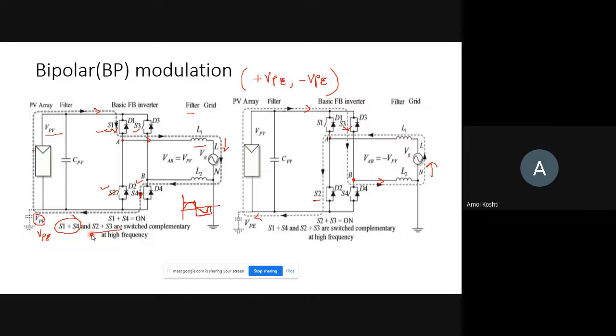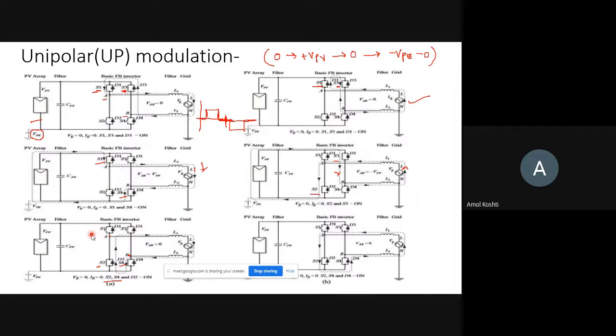After bipolar modulation, in case of unipolar modulation, if you see, there are three levels of output produced. That is 0, then VP, again 0, minus VP, and again 0. In this way the output is produced in case of unipolar modulation, and the switching is given here.